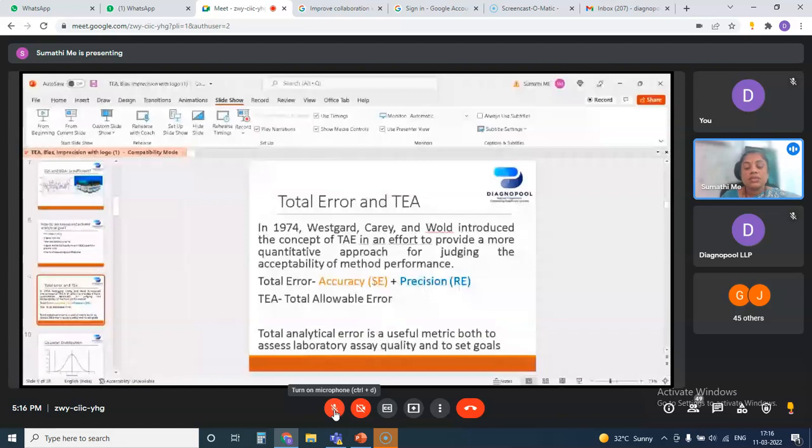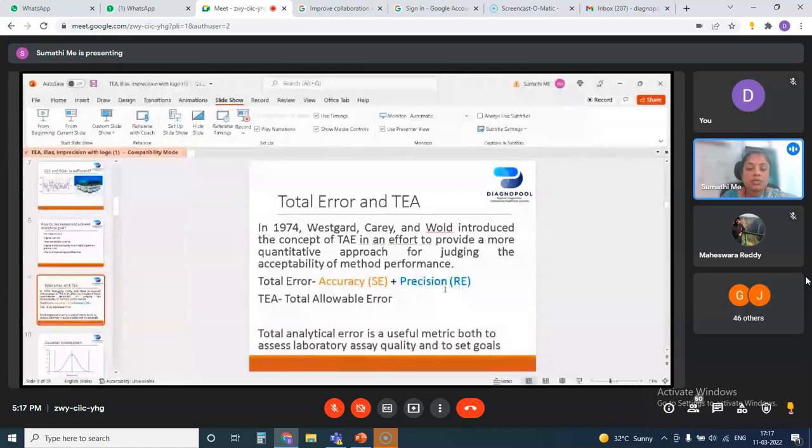The systematic errors are captured in the analysis of the accuracy part, and the precision is captured by our daily internal control activity, in terms of our percentage CV or standard deviation. So basically the total error comprises both the systematic error, which represents our accuracy part, and the precision, represented by our random errors.